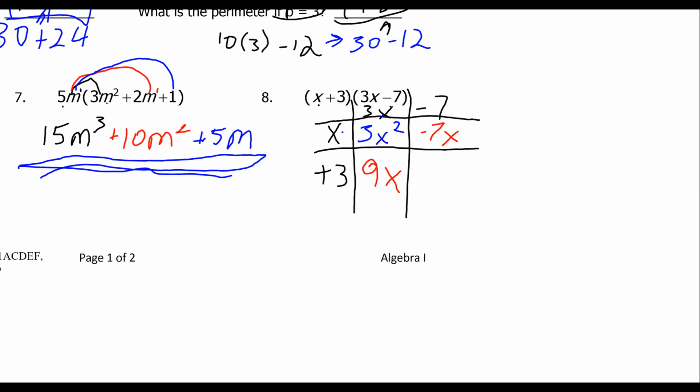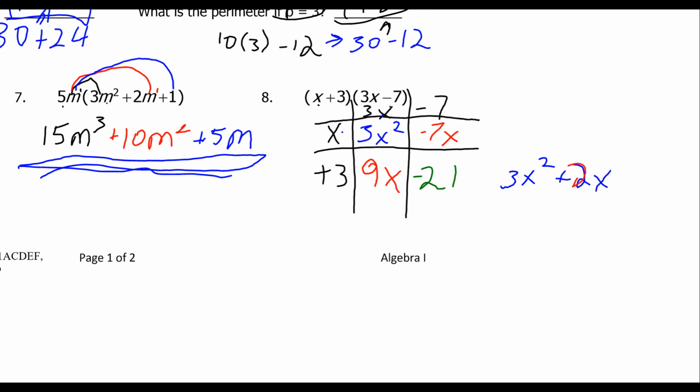And negative 7 times 3 is 21. Don't forget your negative. Okay? That's this right here. Super important. Never forget it if it's there. Now, we got 3x squared plus 2x.